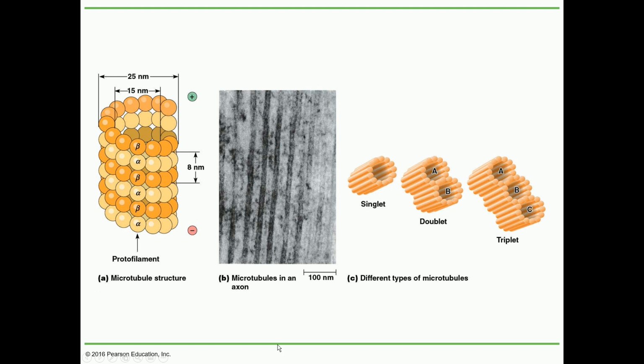You can see this is one protofilament, alpha beta, and there are different types of microtubules. They can be singlets, doublets, or triplets.